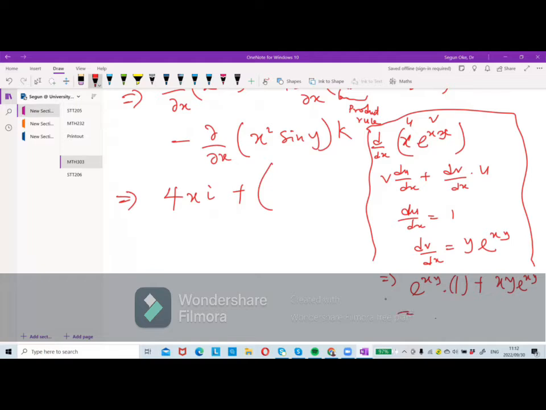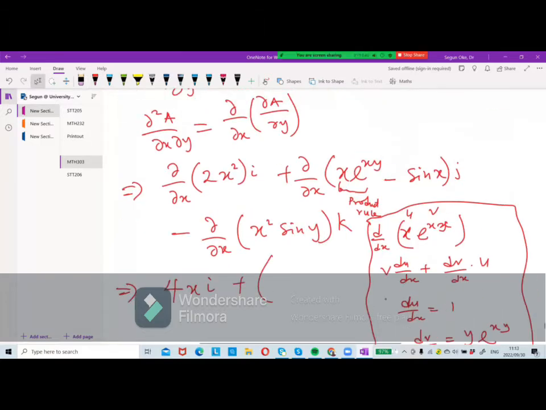So my final answer will be exponential xy plus xy exponential xy. So this is what I will put to replace this particular one. That's why I said product rule. I hope I'm communicating. Yes, sir. So it's going to be exponential xy plus xy exponential xy, j, sorry.